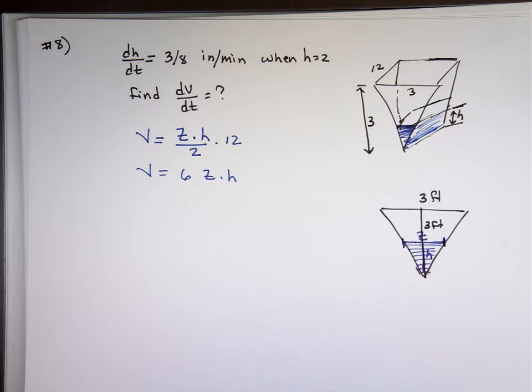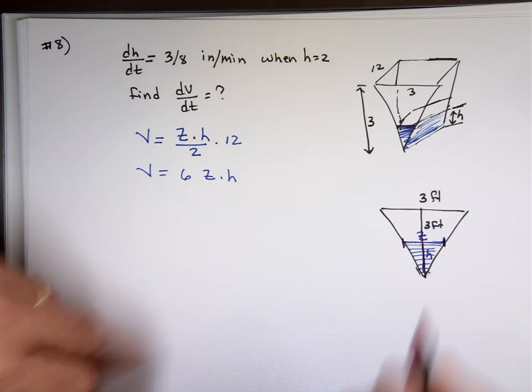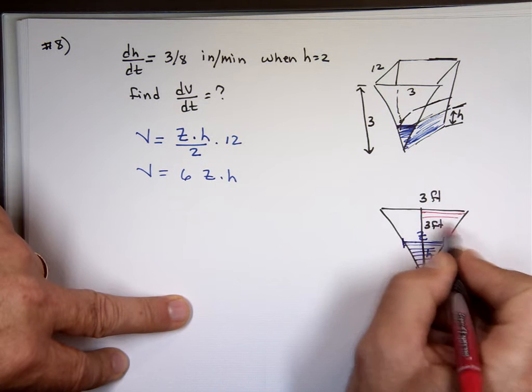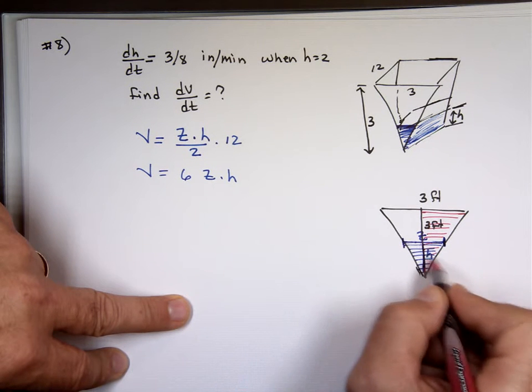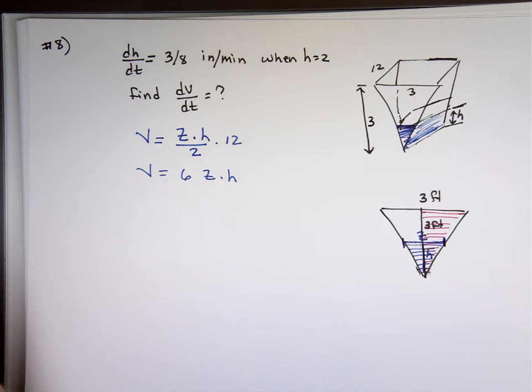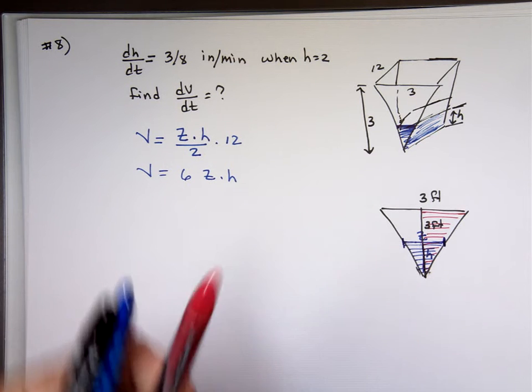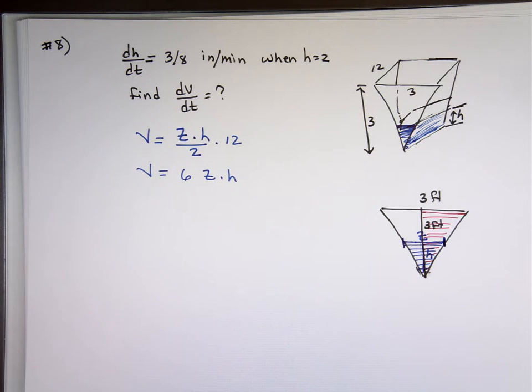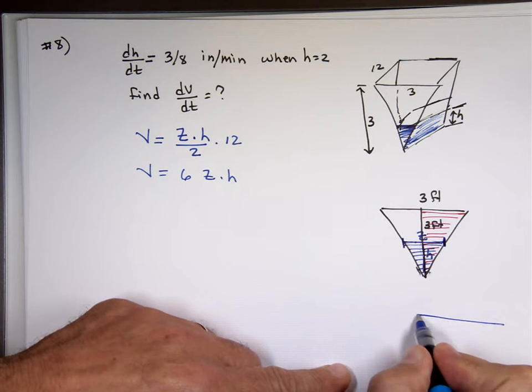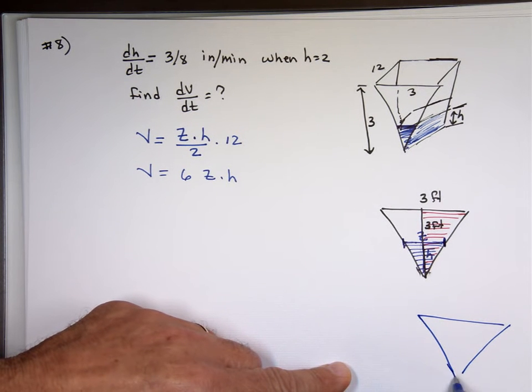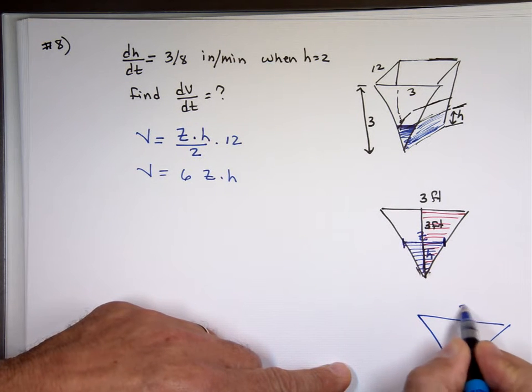Well, if you look now, I got two triangles, similar triangles. This is one of them. This big one. Or I can look at the whole thing actually. This is the big triangle, 3 by 3.